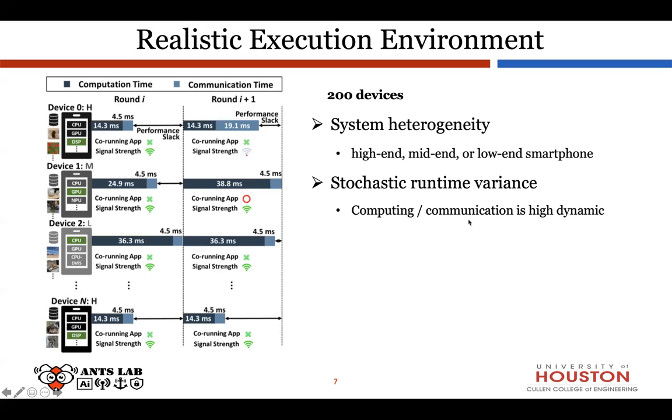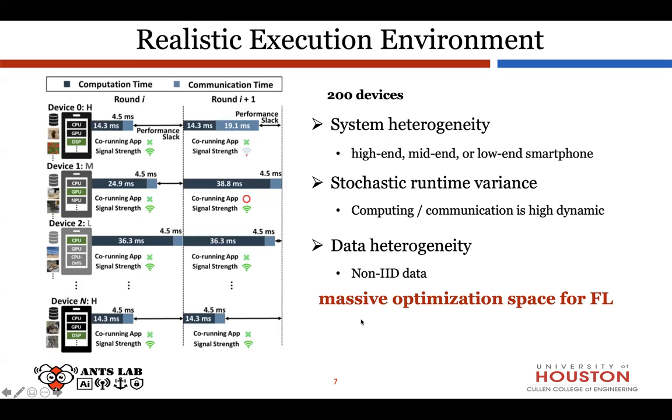So the computing and communication is highly dynamic during the training. And thirdly, they simulate the data heterogeneity, where they consider non-IID data during the training. Based on these three components, there is a massive optimization space for federated learning training.